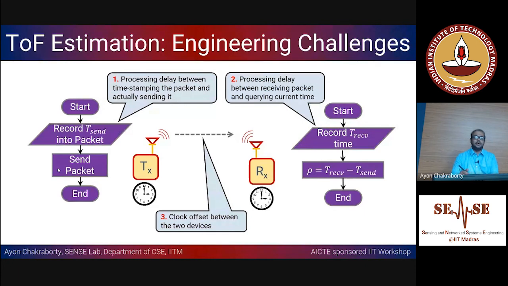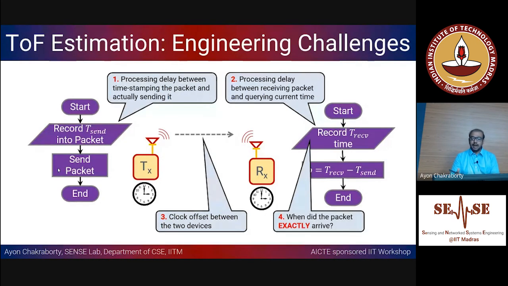But in this case we can try out a clever mechanism in which the range could directly be estimated by incorporating the clock offset, right? We don't want to bring it up again in the range equation. Okay, and then can I have a way to know when the packet exactly arrived?